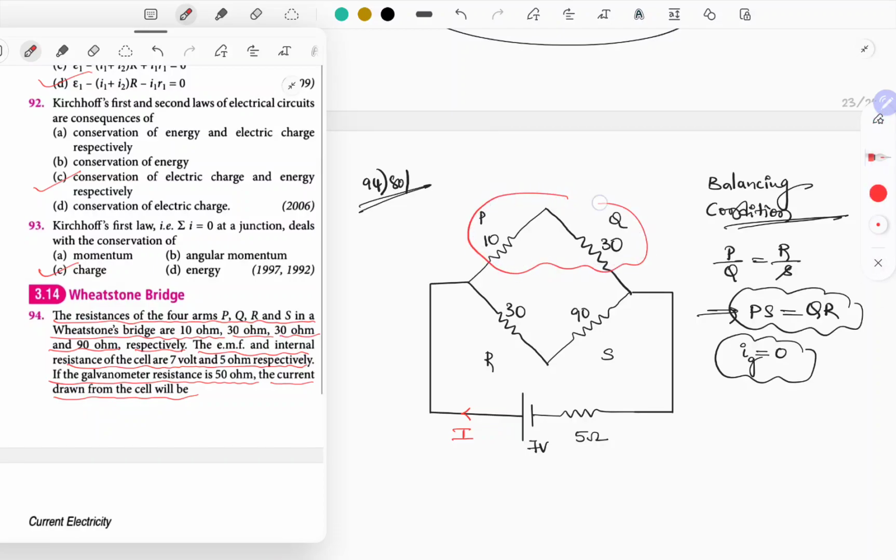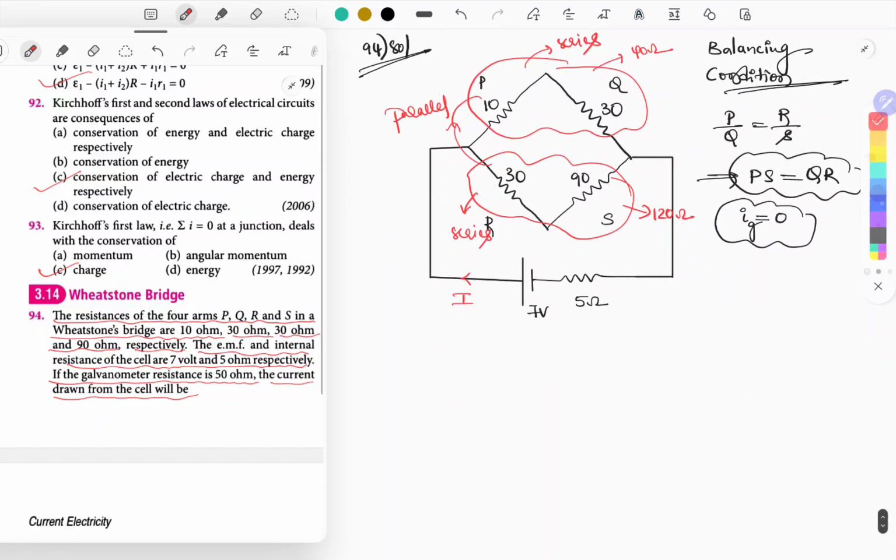These two resistors look as if they are connected in series. Next, these two are connected in series. So this combination will give us 40 ohms, and this combination will give us 120 ohm. These 120 ohm and 40 ohm are connected in parallel. So let's replace this circuit.